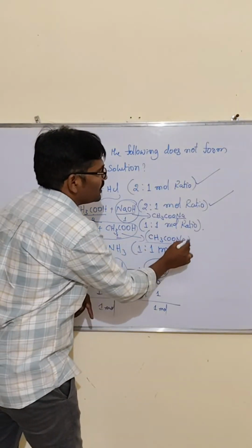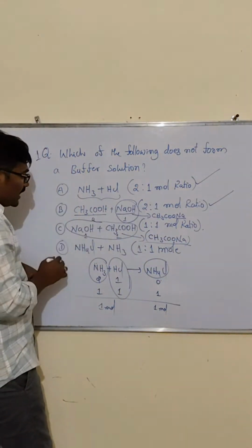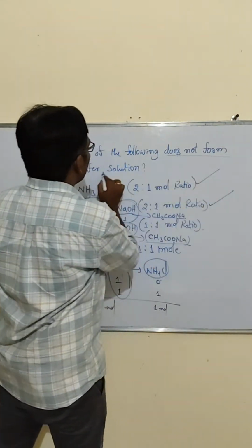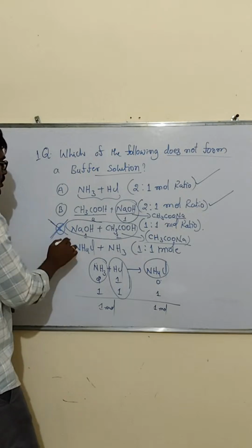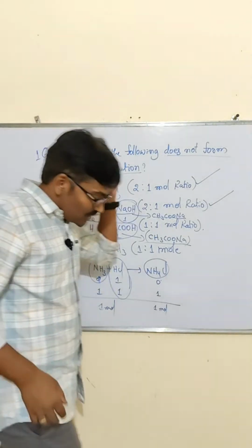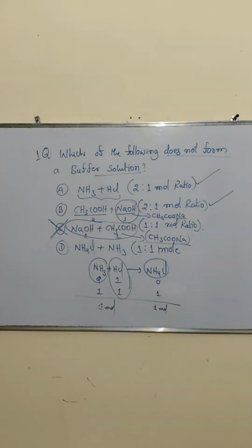Only the salt of weak acid and strong base will be there. So that is not a buffer. That is the answer to the question: which does not form a buffer solution. Understand, my dear students? Yes, note down the question clearly. Sir, in case it is not understood, ask in the comment section.